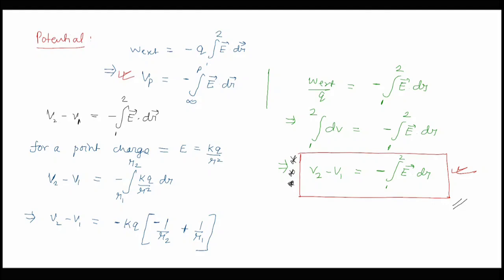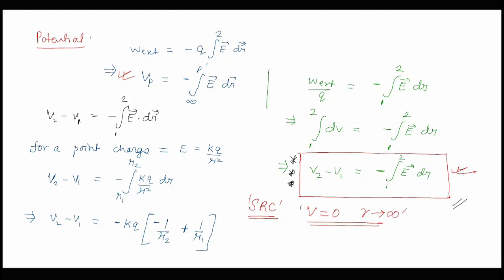Now according to the standard reference configuration, the reference which we use most often is potential equal to 0 at infinity. So potential at infinity is considered as 0.